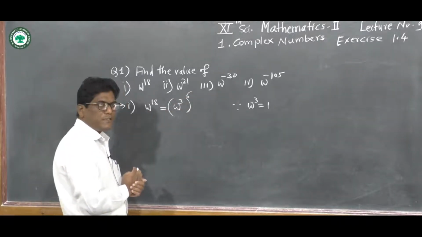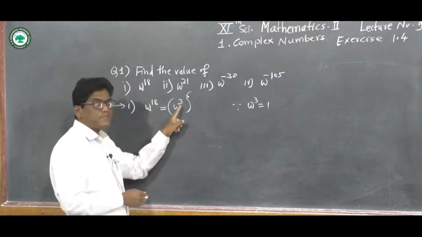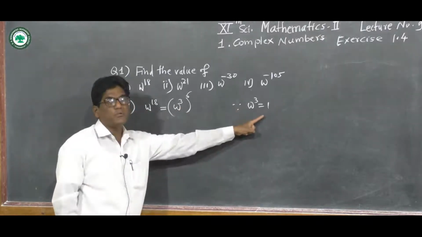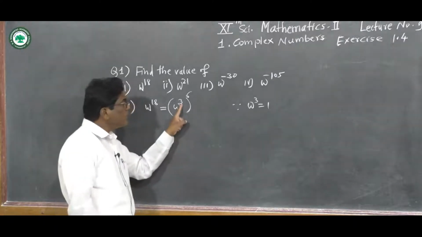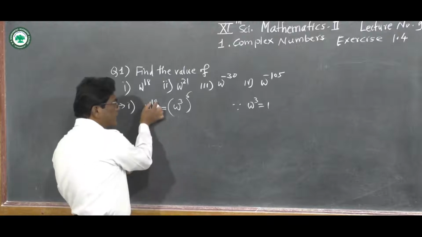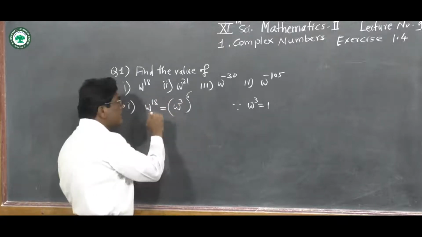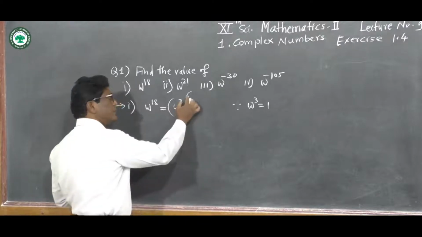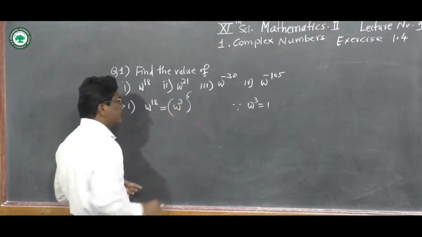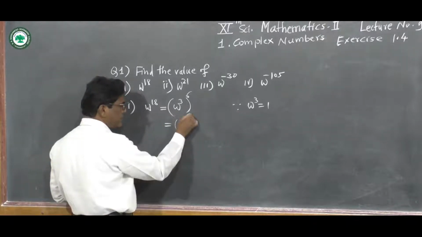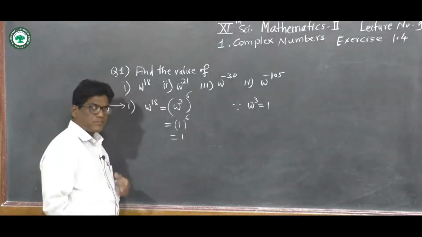So we have to write the powers of omega in terms of powers of 3, because we know omega cube is equal to 1. Firstly write omega to the power 3 and divide the given number by 3. So 3 sixes are 18, and using the rule of indices, if we take the product of these two we get 18. So it is equal to omega cube is 1, so 1 to the power 6, and 1 to the power 6 is 1. So this is the solution.